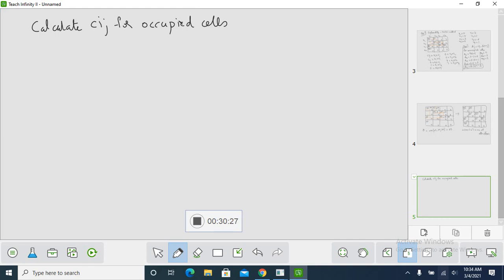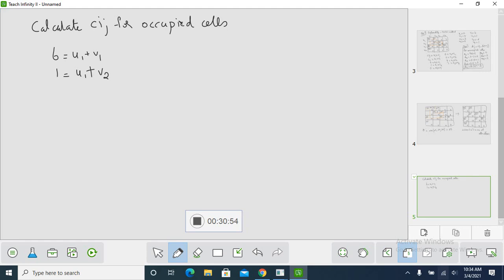C11 is 6, so 6 is equal to u1 plus v1. Then I have my C12, which is 1, equal to u1 plus v2.